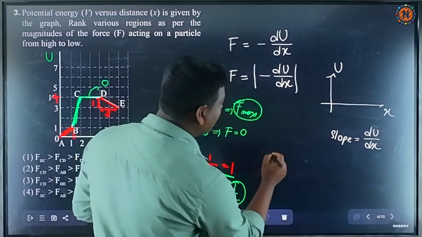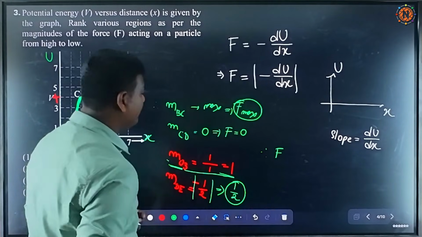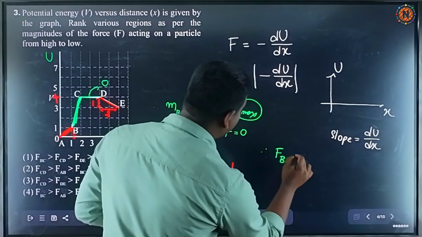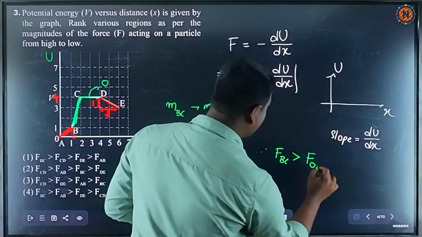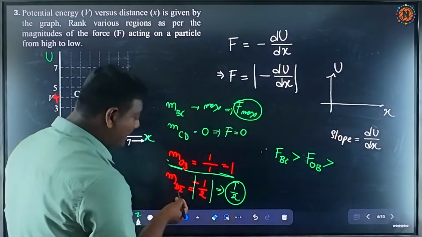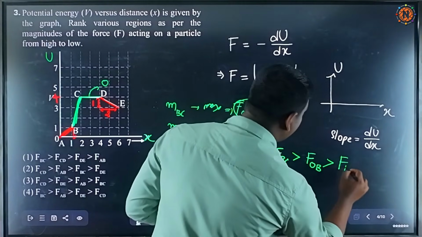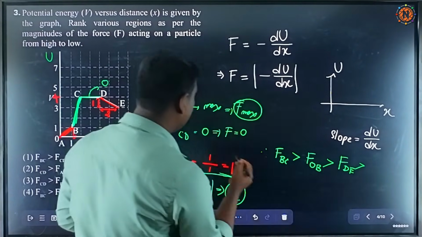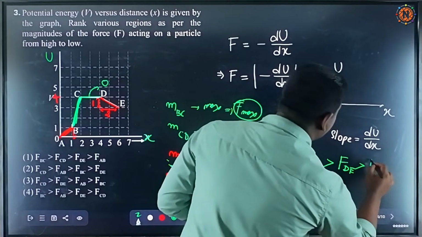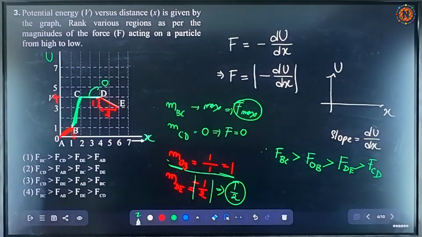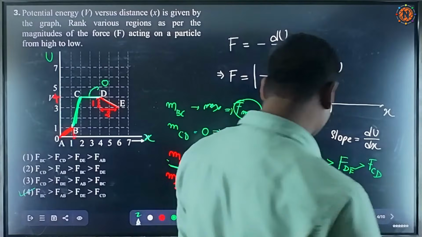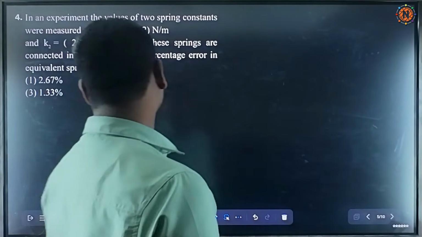So force of BC will be maximum, then force of OB because it has slope 1, and then force of DE, and at last force of CD because it has 0 slope. Yes or no? So this will be the right answer. The answer will be option D. Very simple question. Okay, let's go to the next question.